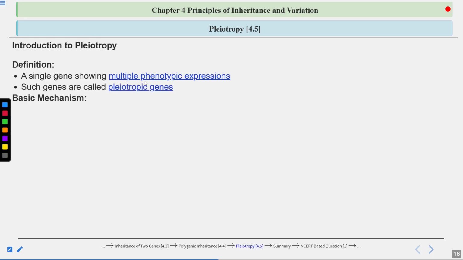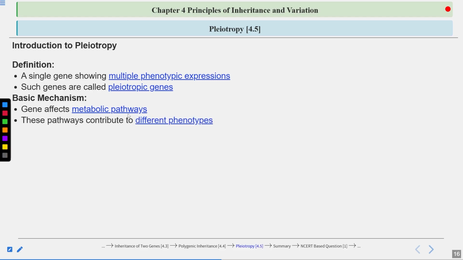What is the mechanism behind pleiotropy? These genes usually affect the metabolic pathways. Now these pathways contribute to different phenotypes.